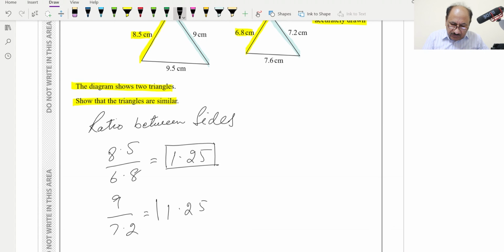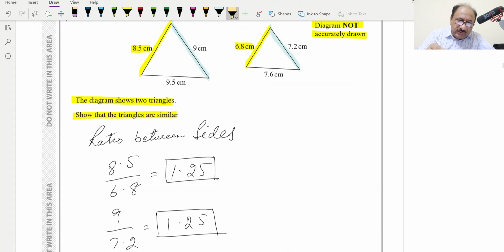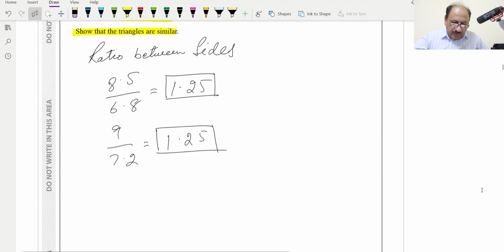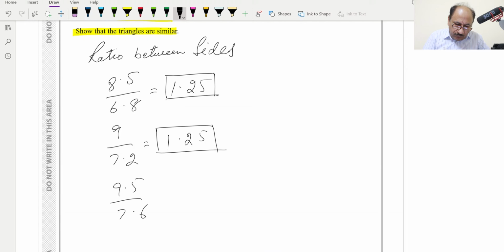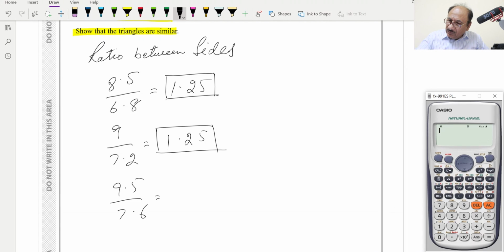So it has the same ratio. We will check the third one, which is this side with this side, and it is 9.5 divided by 7.6. If we check with the calculator, 9.5 divided by 7.6 is again equal to 1.25.